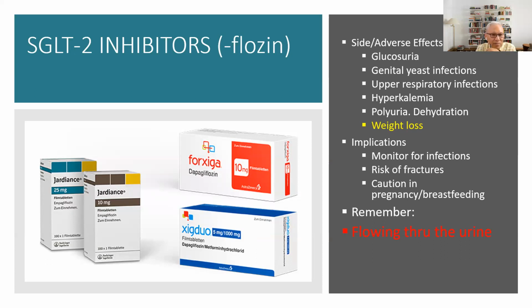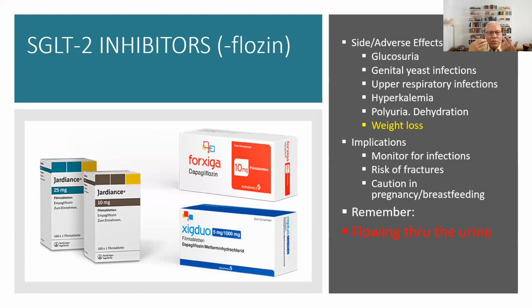Well, if there's a lot of glucose in the urine, it favors microbial growth. For that reason, the most common side effect of SGLT2 inhibitors is urinary tract infection, particularly yeast infection, genital yeast infection. So always think about that.